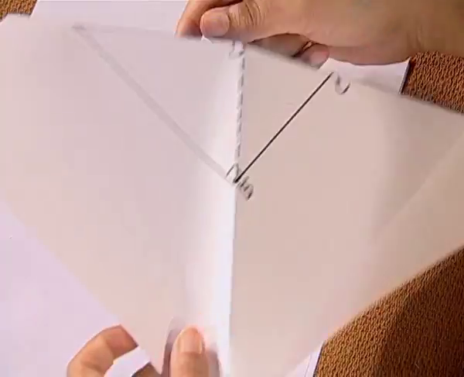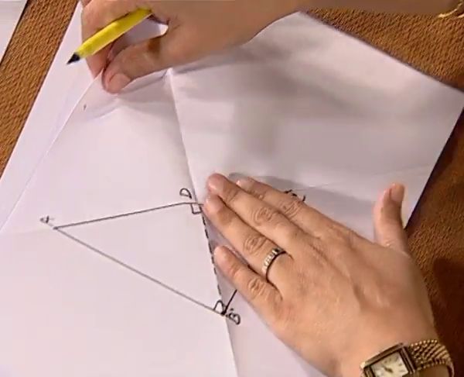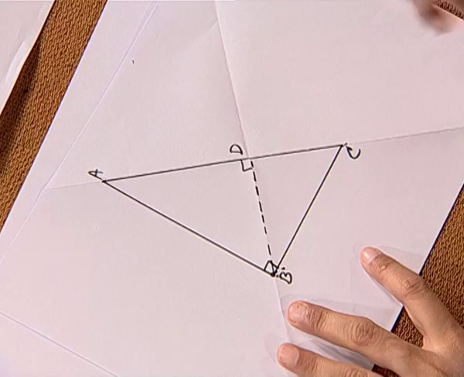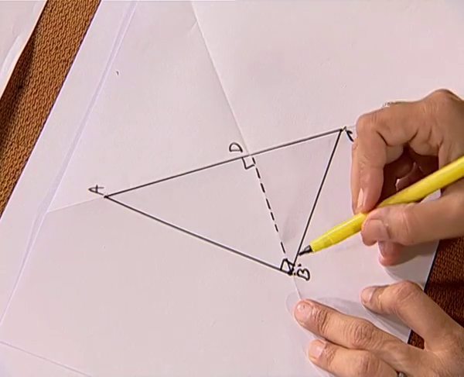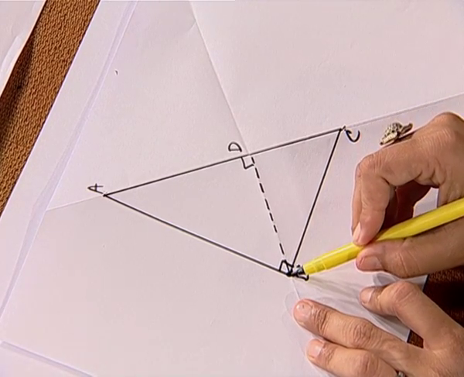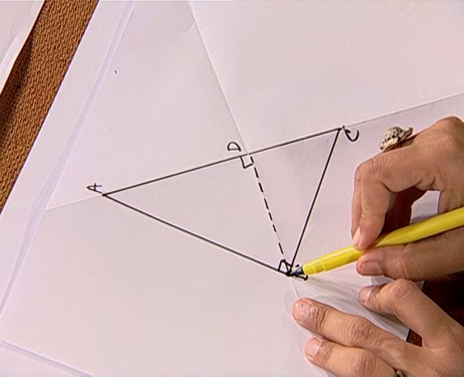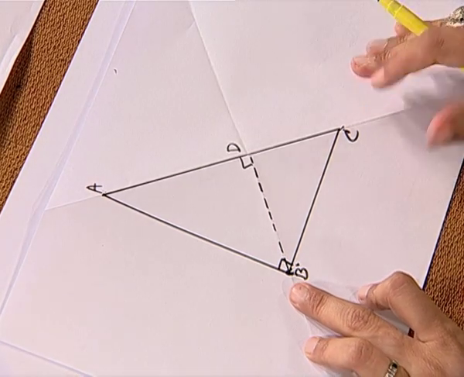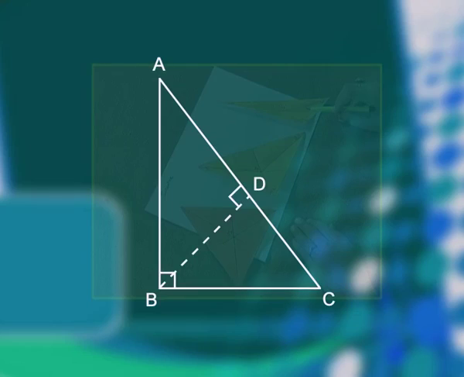Unfold it and observe carefully that all the three altitudes are meeting at the vertex B, which lies on the triangle. In a right triangle, this point B is the orthocenter.